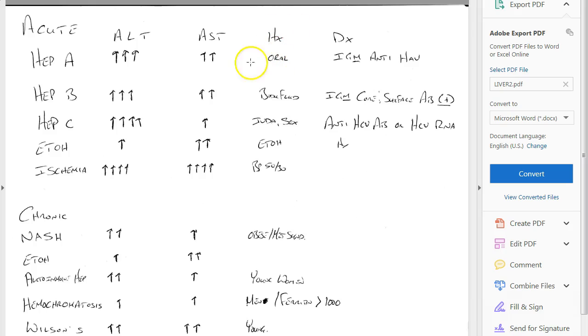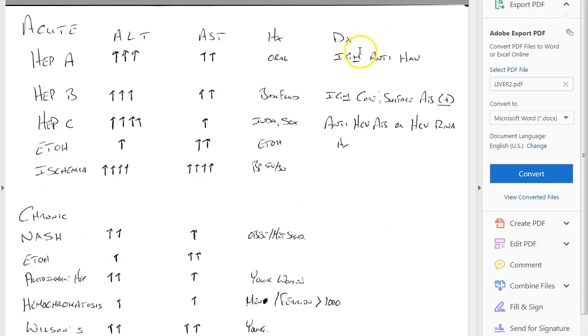So, history for Hep A, typically something that's been ingested through an oral route. How do we diagnose it? If you ever order a hepatitis panel, you'll get all this stuff coming back, these IgMs, all sorts of different ones, but we're looking for IgM. M, by the way, when you're doing IgG and IgM, here's a little mnemonic for you. IgG means that it is gone.